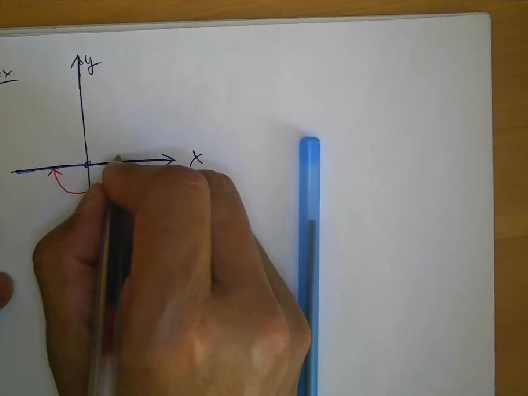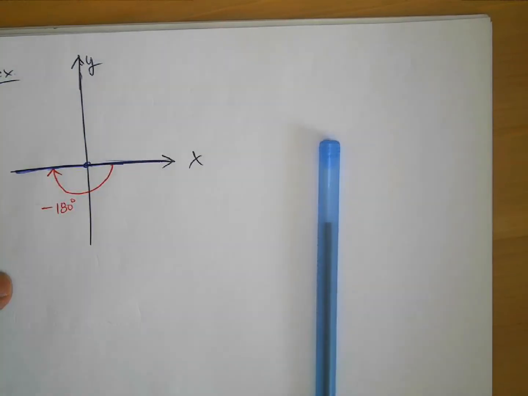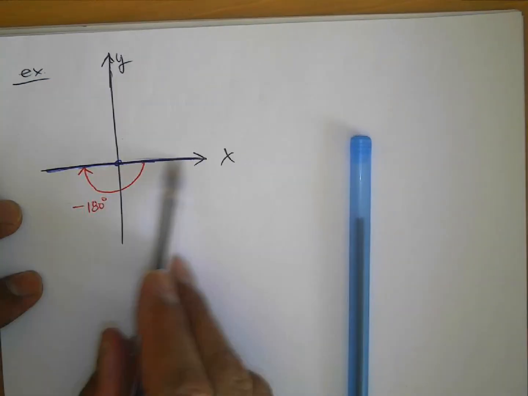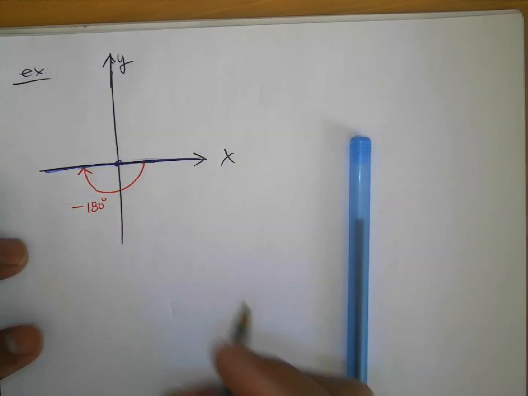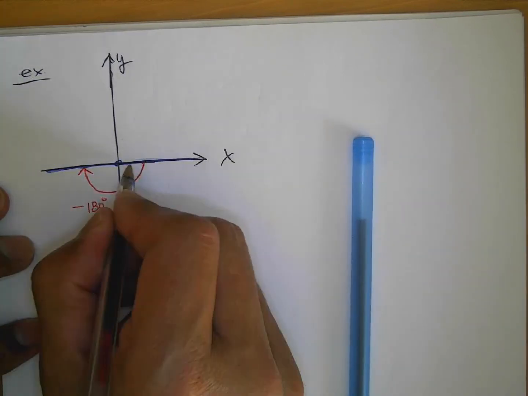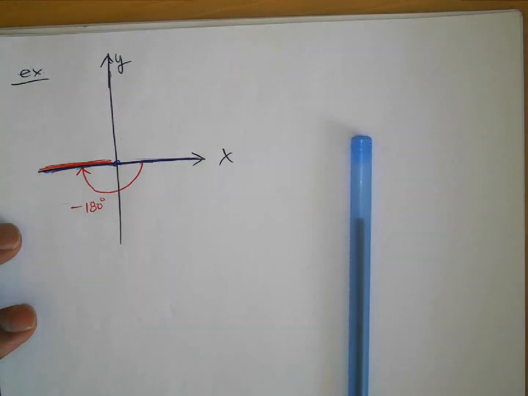What if I go negative? Negative is when you start clockwise. Negative angles start from here and go clockwise. Positive angles go counterclockwise. If I draw a negative 180 degrees, this is the terminal side right here. What if I want to find a positive angle that is coterminal with this negative angle?